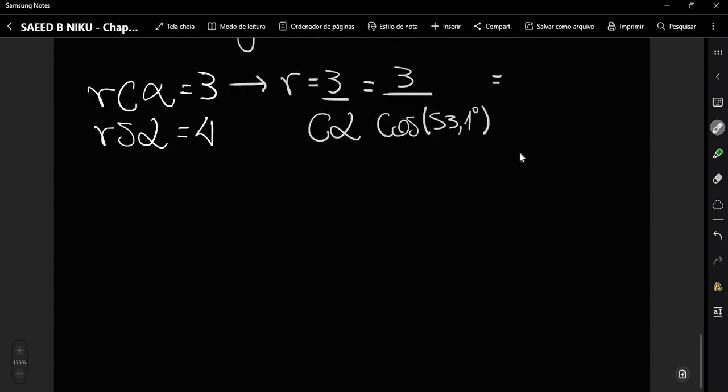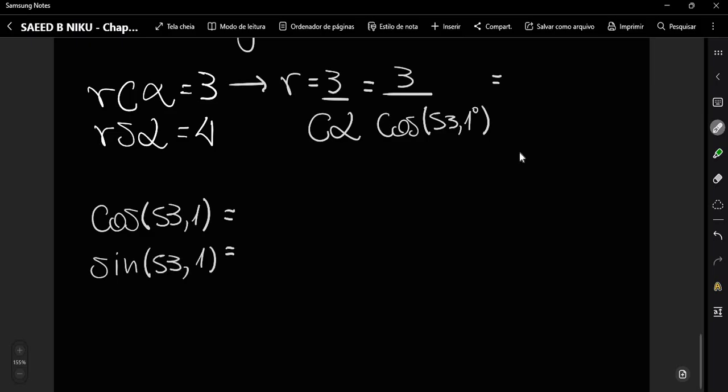And let me calculate: cosine of 53.1 is equal to 0.6, and sine of 53.1 is equal to 0.8.